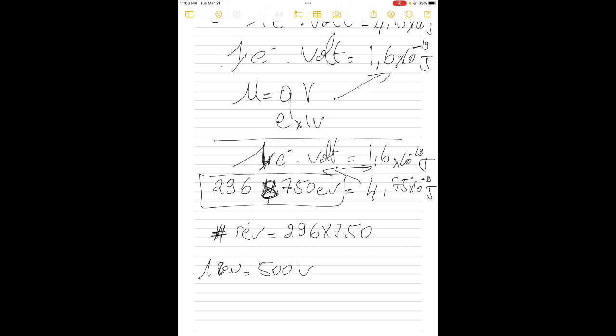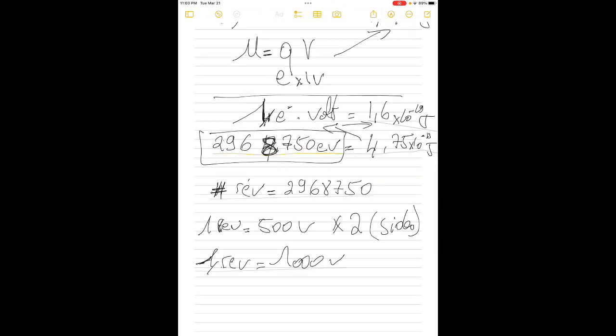One revolution is 500 volts, and because it's a cyclotron, we have to multiply by 2 for two sides, and this one is equal to 1000 volts.